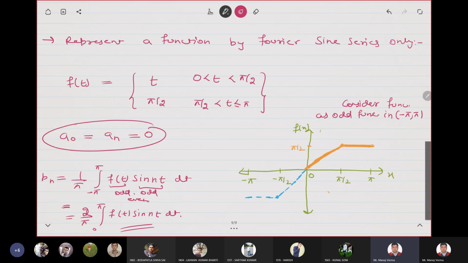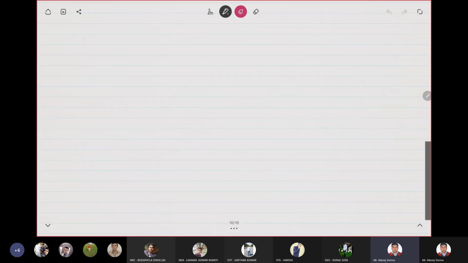If I insert the value of f of t in this and solve it, then it will give me the value of bn. So let's do this. I have to split this integral in subgroups, because the function was defined only in range 0 to pi.